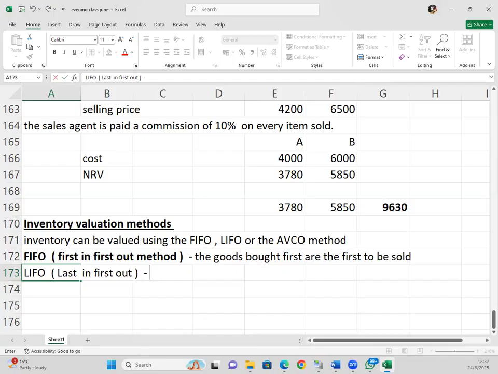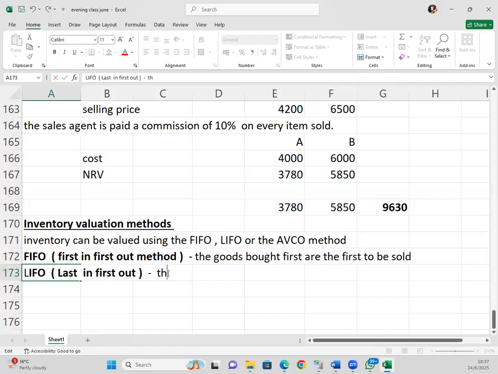Let's think of a warehouse with only one door. You are loading your things into it, so when you're selling, the last goods you packed in are the first that you can collect.